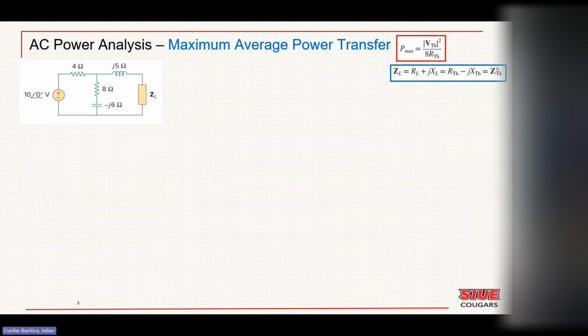Okay, what's the idea? The idea is to get the value for this load that is going to provide us the maximum power transfer from that circuit.